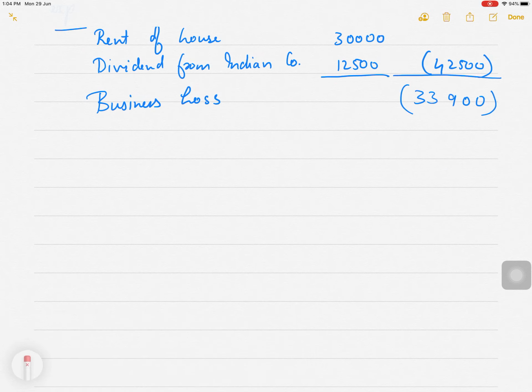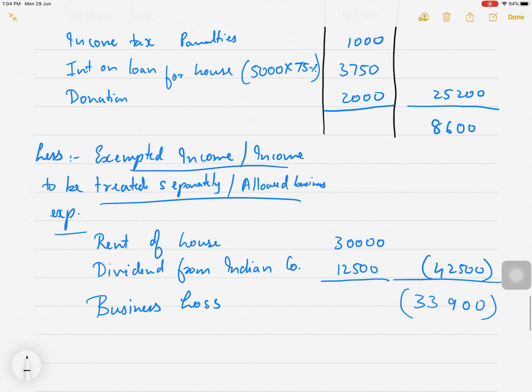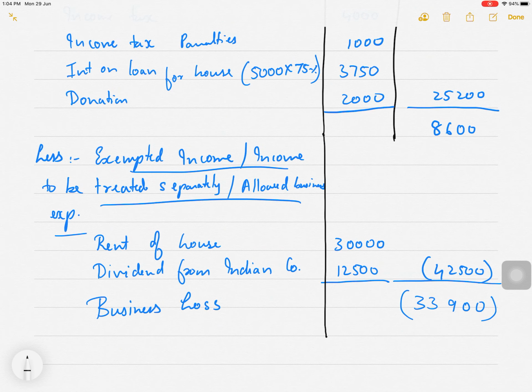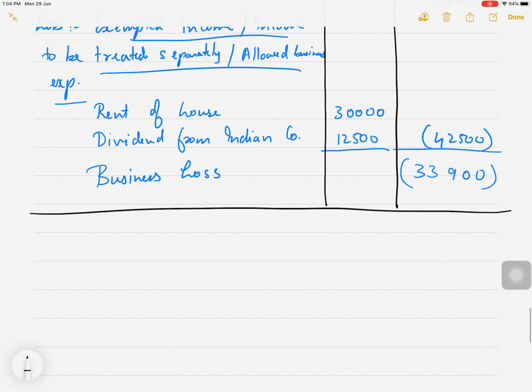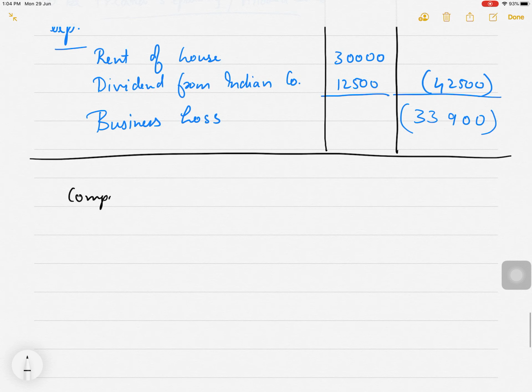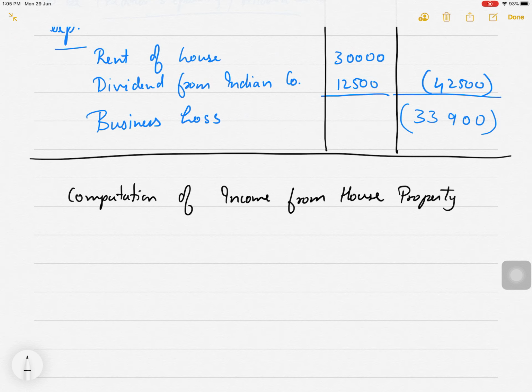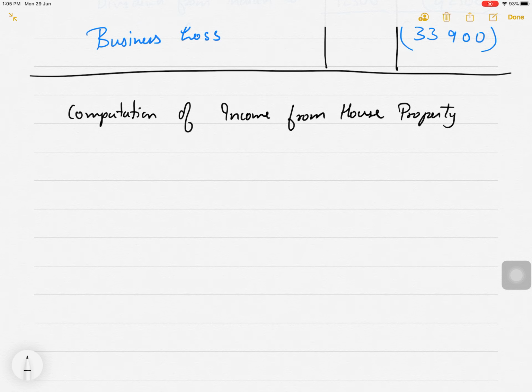Now let's compute income from house property. Two columns, particulars and amount.